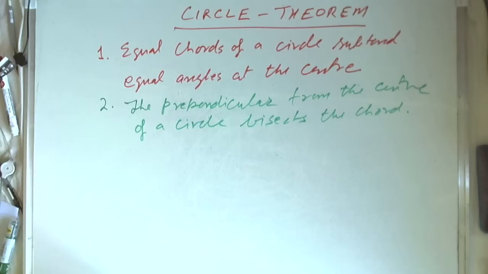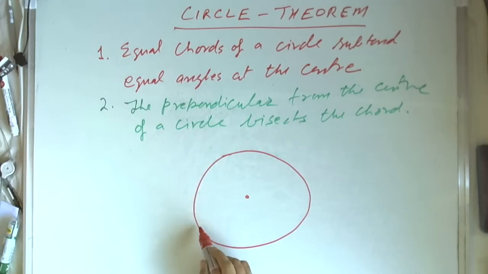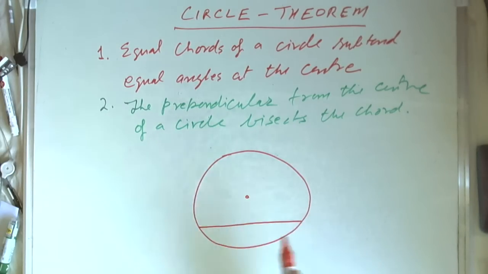So in this case, we have a circle, then we have a center O, and we have a chord PQ.